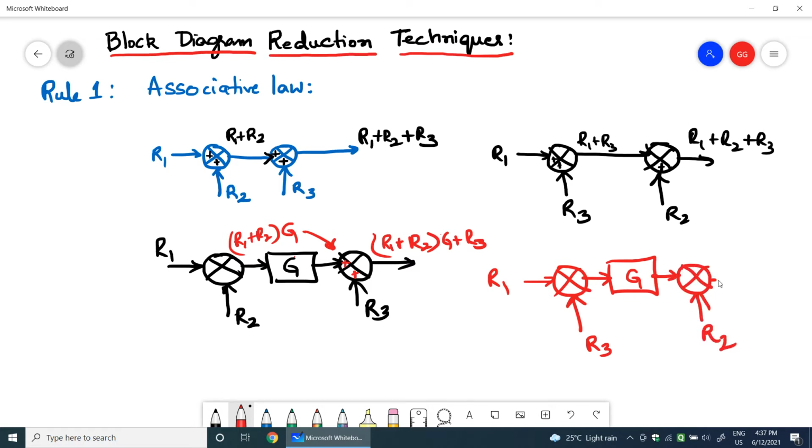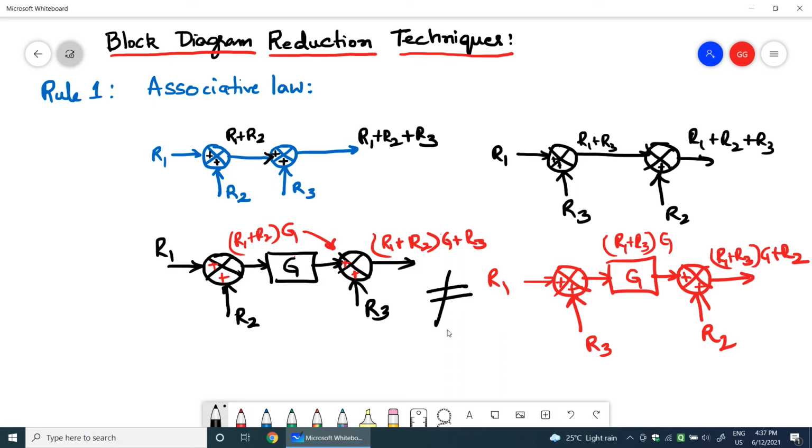The output of the first summing point is R1 plus R3 into G. These both are plus, even here it is plus plus. So I will get R1 plus R3 into G plus R2. So are both the same? No, they are not equal.